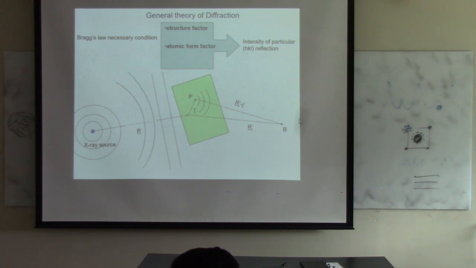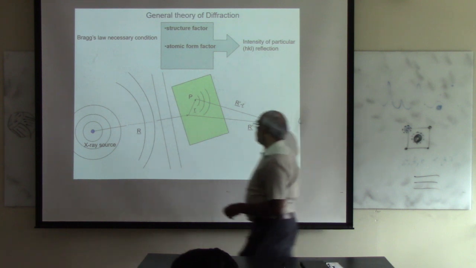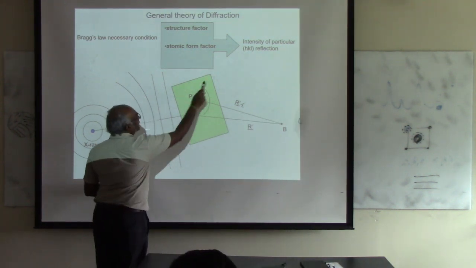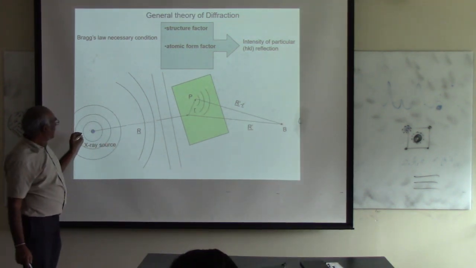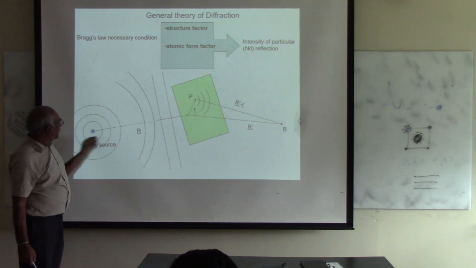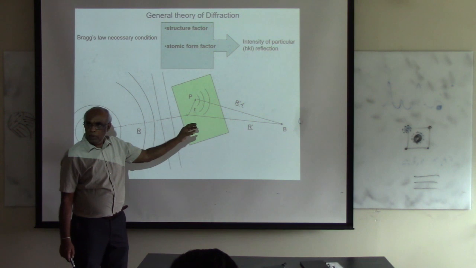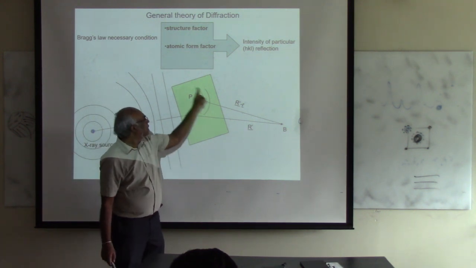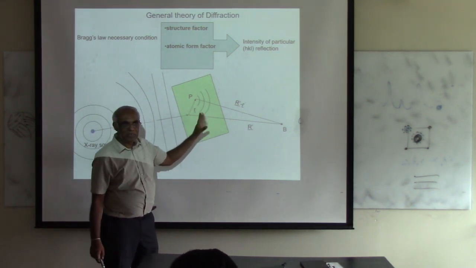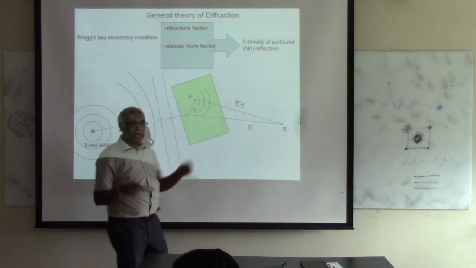So what we are going to do in this class is this: this is my sample. I am going to expose this sample to some X-ray source, right? This has some charge distribution, right? That's the material, all the electrons and everything.